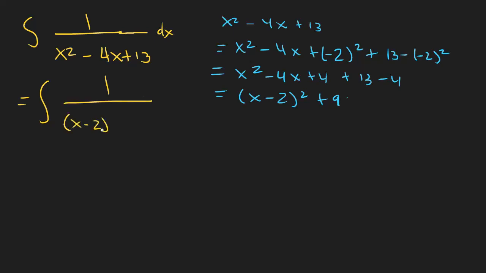Now, what we can do with this is use a substitution here. Let's put the dx, right? Let's say that u is equal to x minus 2, so du equals dx. But what does that do for the integral? It changes it to 1 over u squared plus 3 squared, and that's du.